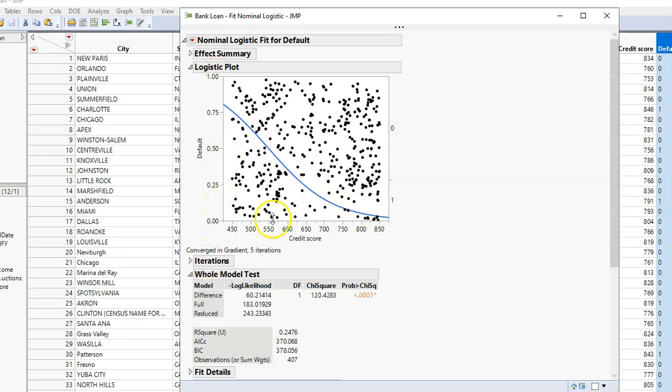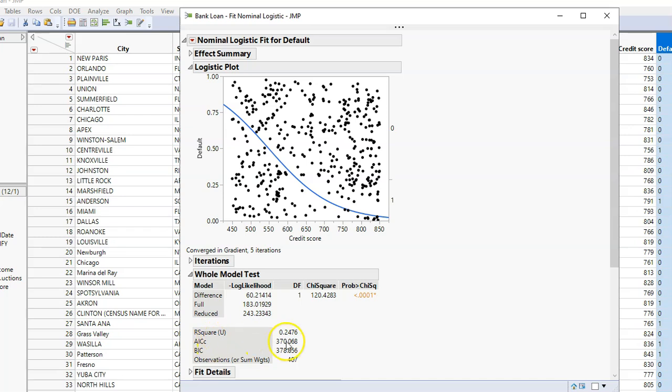Is this model that we have here a significant model? We can look at the whole model test and check the chi-square p-value right here. P-value is less than 0.05, so this is a significant model.